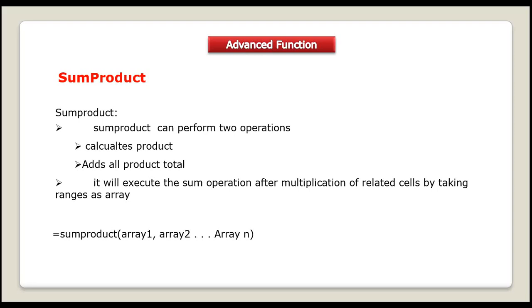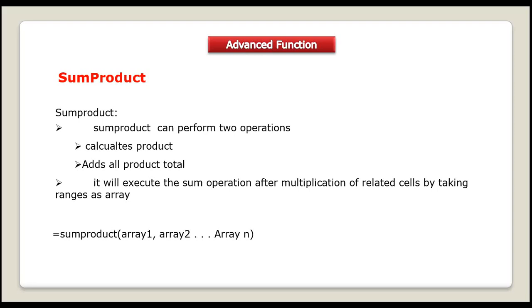So SUMPRODUCT can perform two operations: number one is multiplication, number two is addition. But both are executed in a singular form. It will not perform the product operation and the sum operation individually. It can perform both the sum and the product in one particular task.